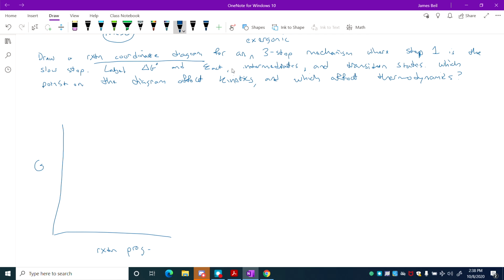I might tell you how many steps the reaction is. Each step in the reaction requires an activation energy. So wherever the reactants are, for a 3-step process, there's going to have to be 3 different transition states, 3 different times that bonds have to break and then reform before it can produce the products.